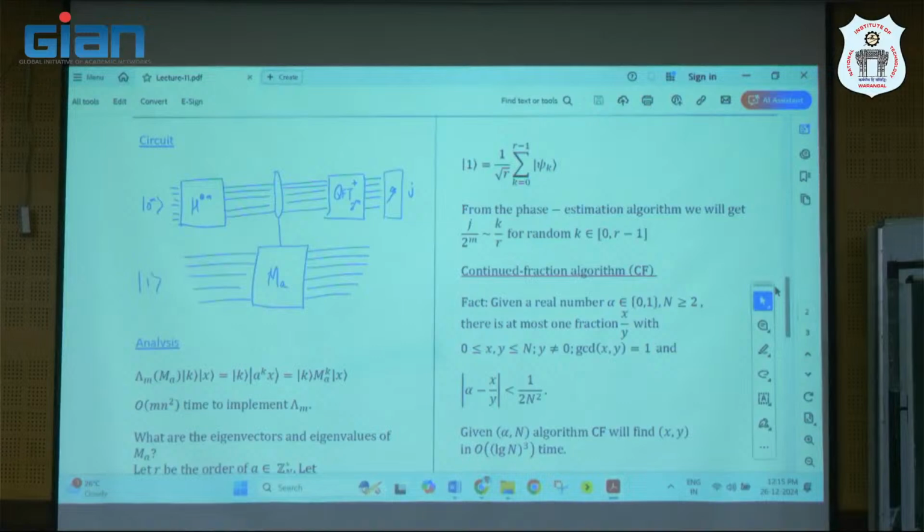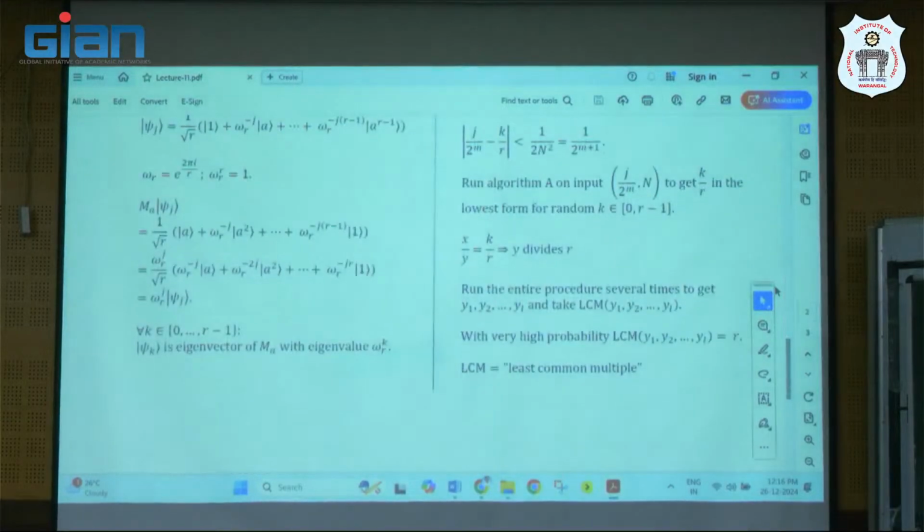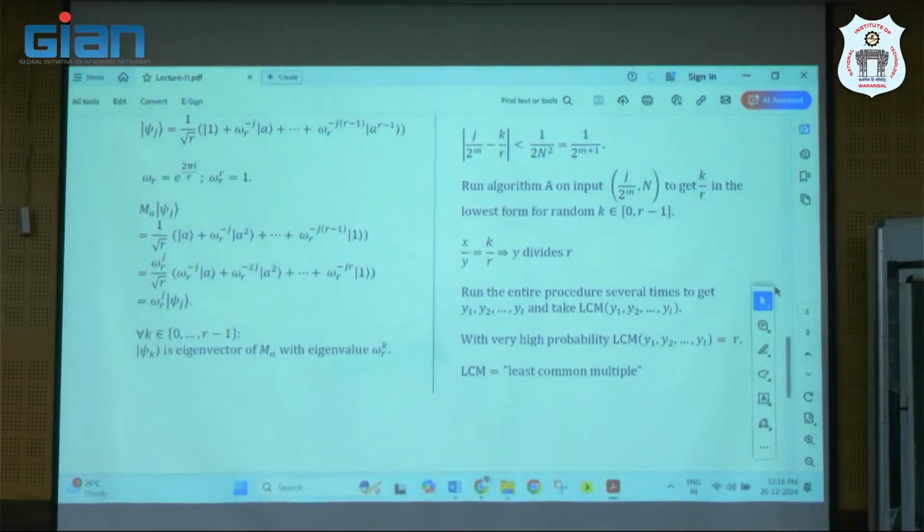We don't know k, we don't know r, we need to find r. But what we notice, because x over y is k over r in the simplest form, is that y must divide r. Agreed? In the simplest form of k over r, some factor cancels, and you get x over y. That means y must divide r, y should be a factor of r.